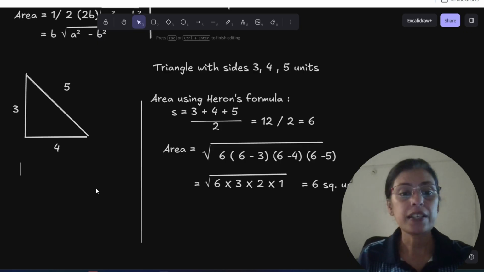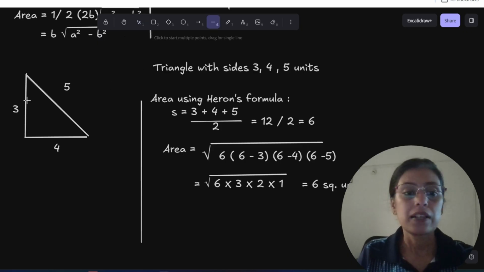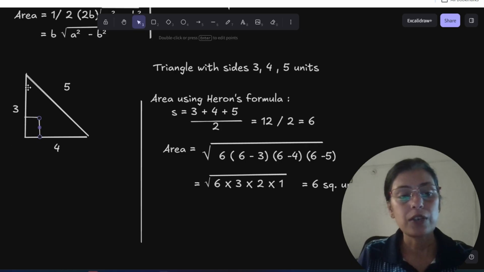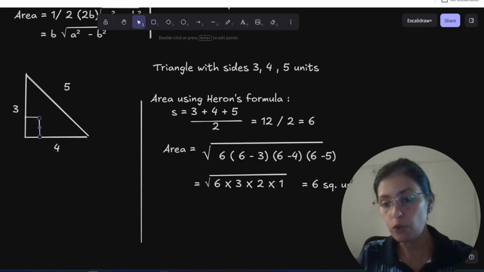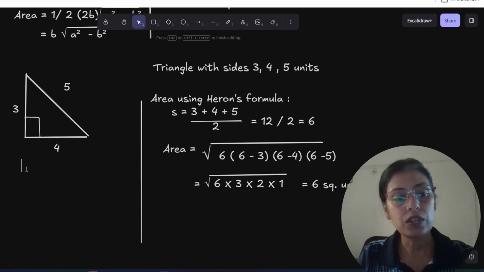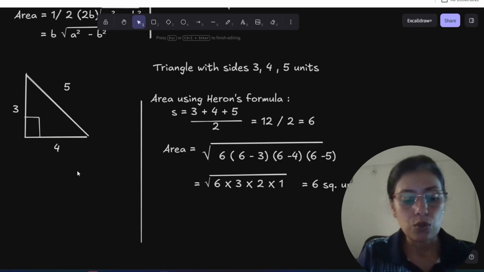If it is a right angle triangle, this means 3 will be the height, right? If we are considering base as 4, 3 will be the height. If you consider 3 as the base, 4 will be the height. So here I am considering 4 as the base, so 3 will be the height. So my area will be half of base into height.